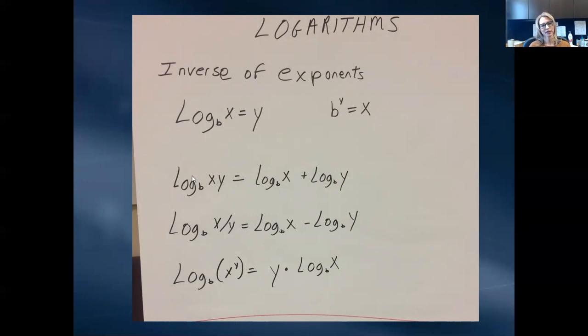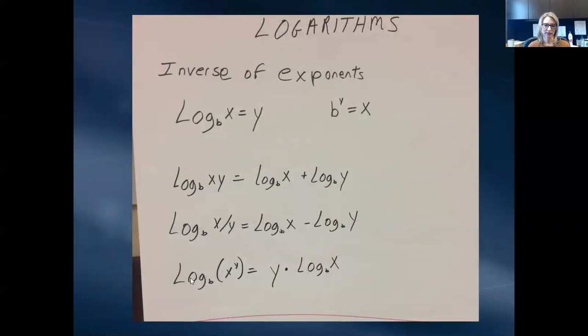All right, here's some things you might want to remember. These are some, I'll call them identities that you might want to remember. When you have log b of x times y, it's the same thing as saying log b of x plus log b of y. Similarly, if you have log b of x divided by y, it's the same thing as saying log b of x minus log b of y.